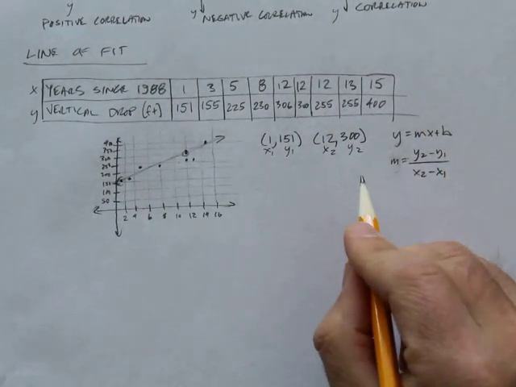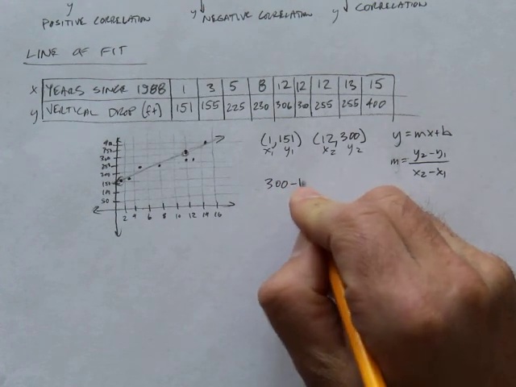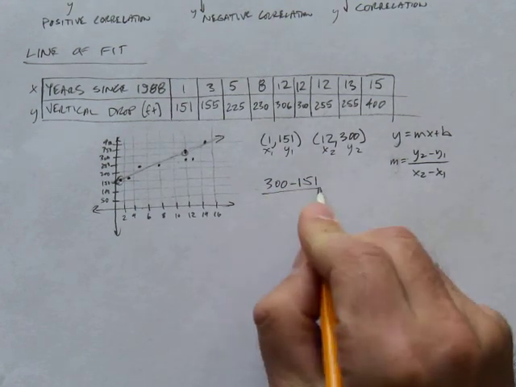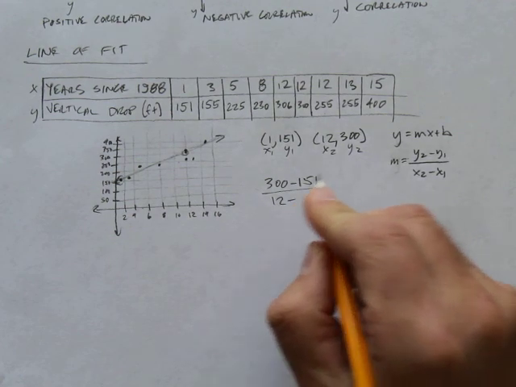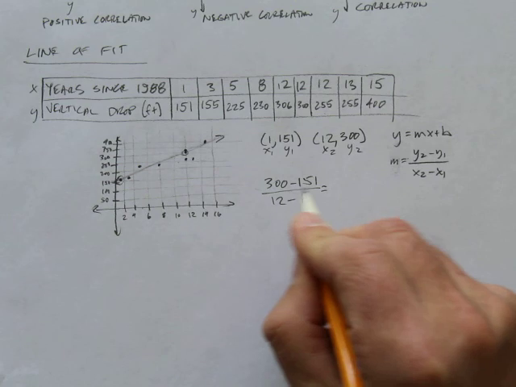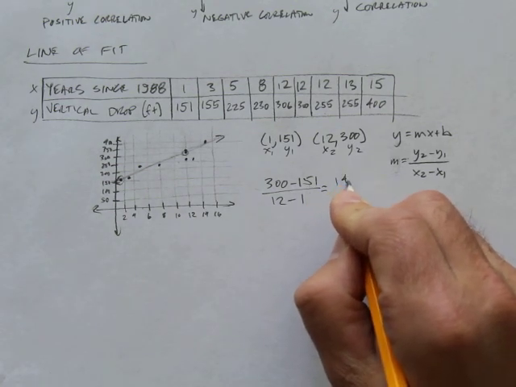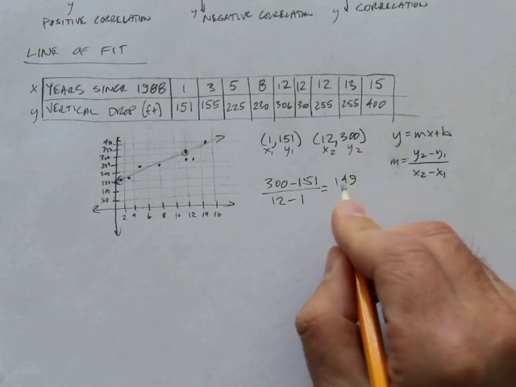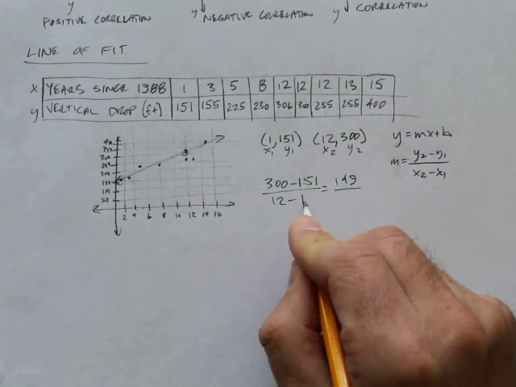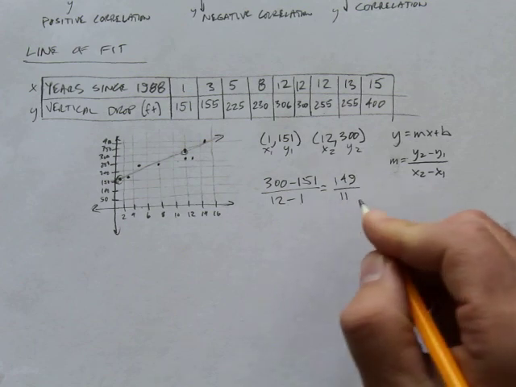So y2 is 300 minus y1, which is 151, over x2, which is 12, minus x1, which is 1. So 300 minus 151 is 149 over 12 minus 1, which is 11.